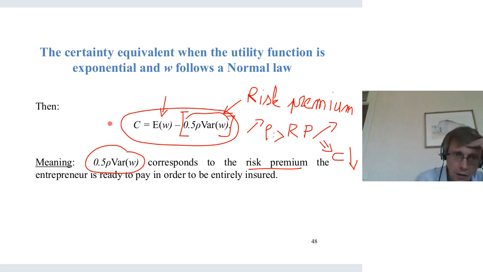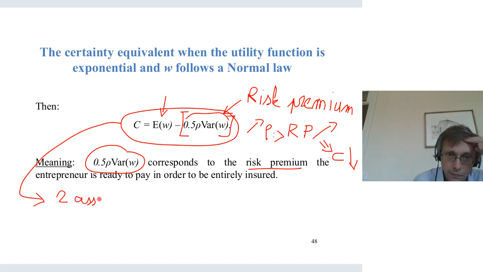But remember that in order to get this specification for the certainty equivalent, you need two assumptions. The first assumption is that R tilde is distributed by a normal law.